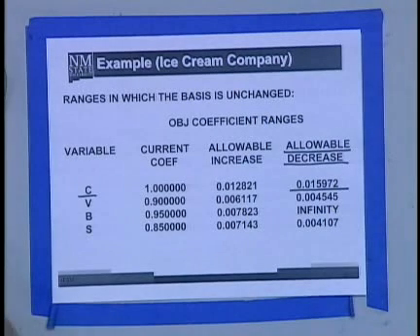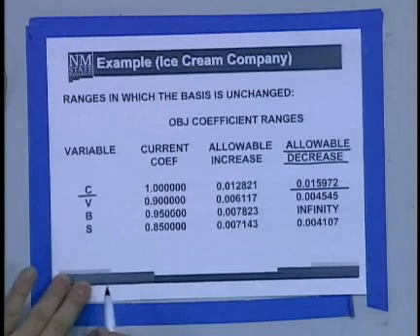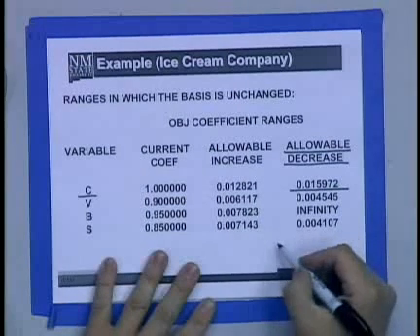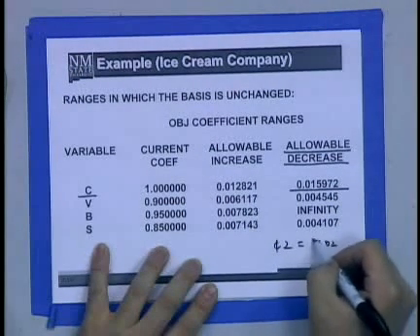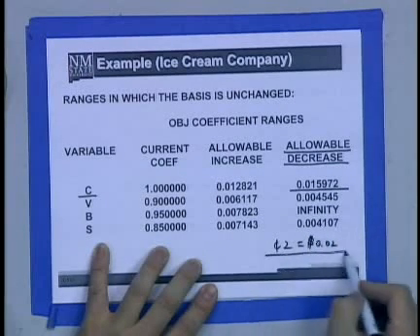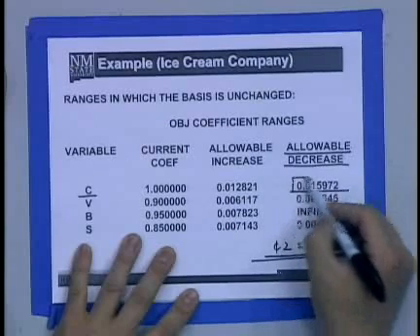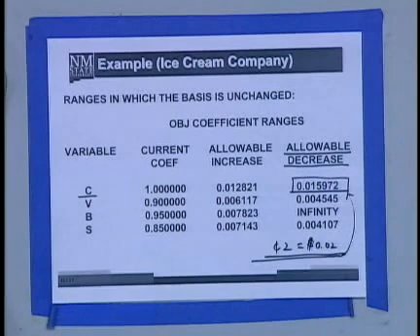However, for example, if the profit of chocolate ice cream drops by 2 cents, 2 cents is $0.02, right? Which exceeds this allowable decrease limit, then the optimal basis will be changed, which means the production plan will be changed.